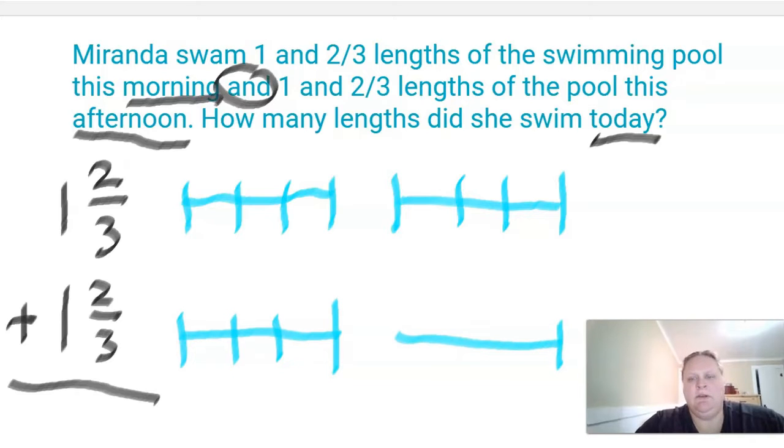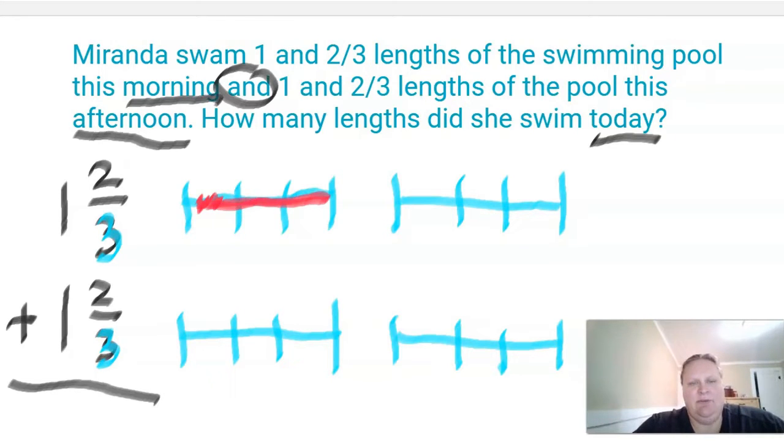Remember, our wholes are in pieces based on the denominators. Now, if we take a look at 1, well, 1 is 1 whole, so I'm going to shade in all of this. And then we have 2/3, so I'm going to shade in 1, 2. Then down here, again, we have 1 whole and 2/3.